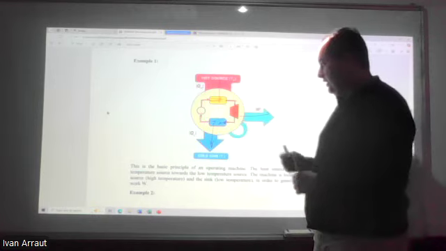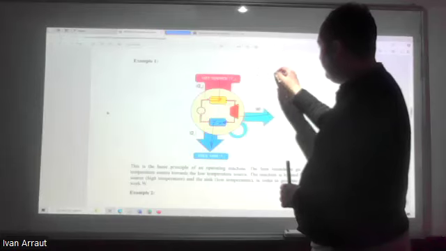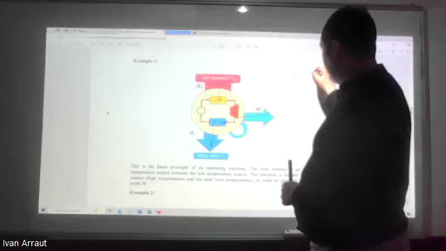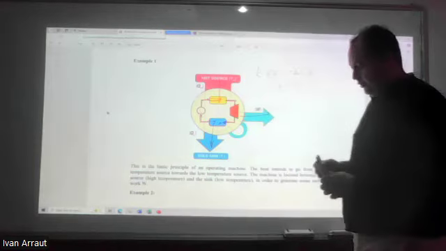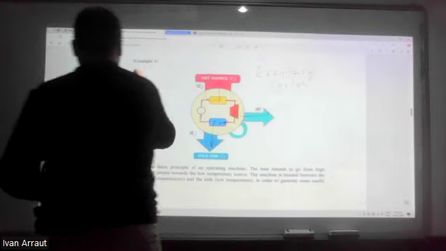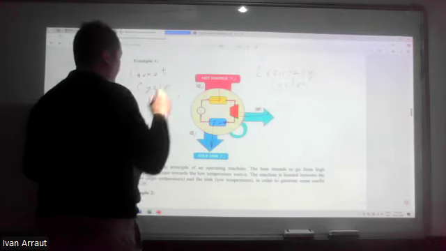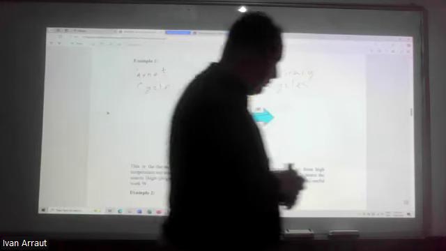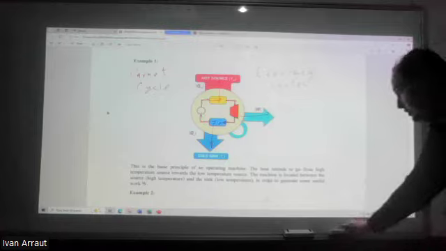And later in the next class, we will learn how to calculate the efficiency of cycles, particularly the Carnot cycle, which of course, if we have time, we can mention here. But for the moment, let's put it this way.